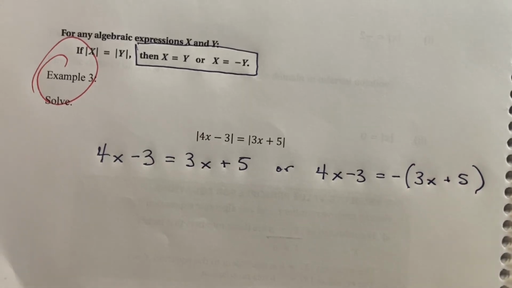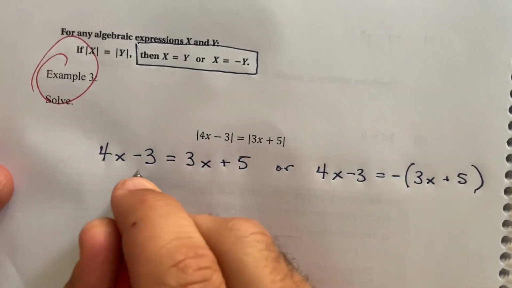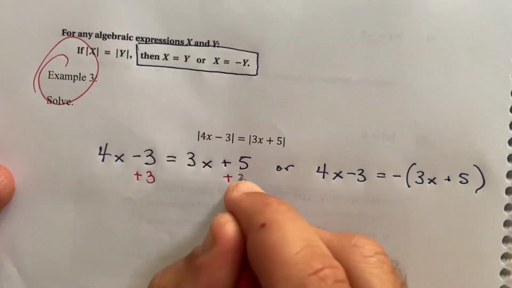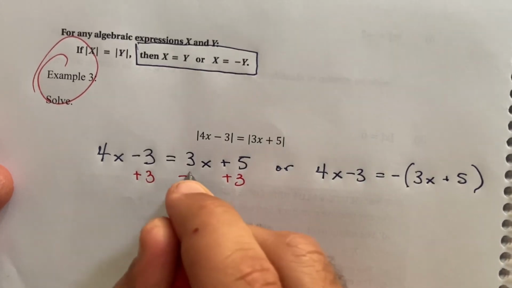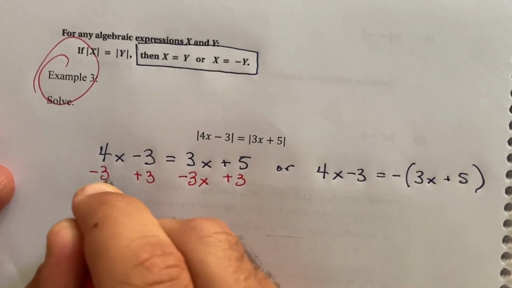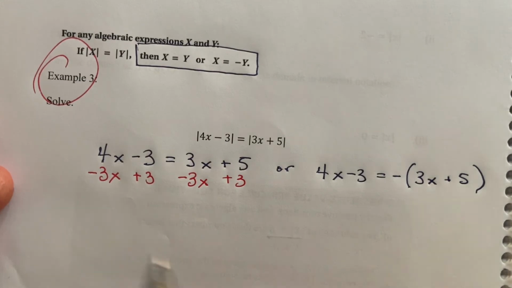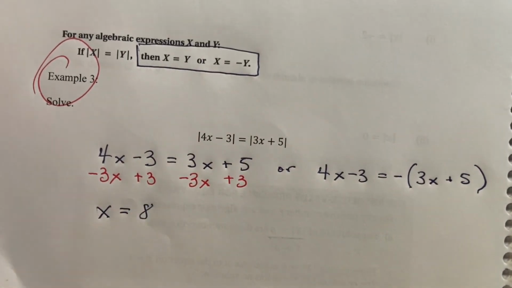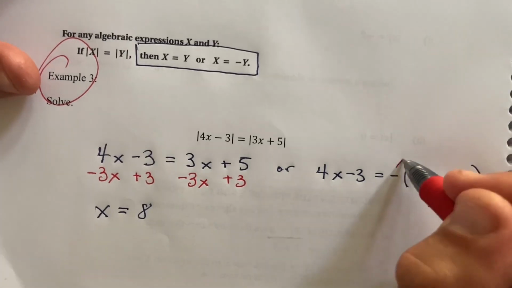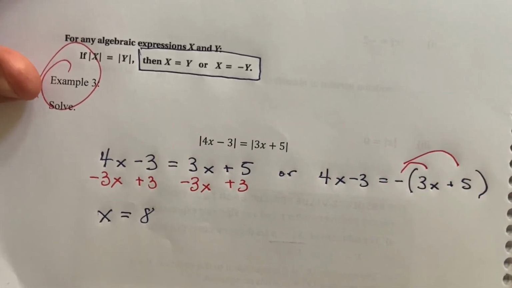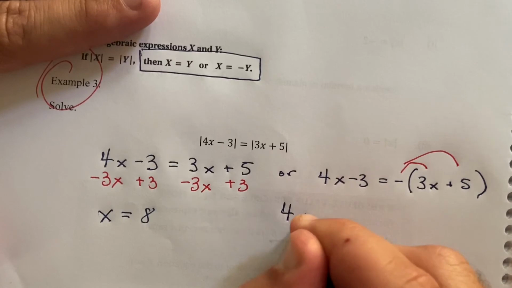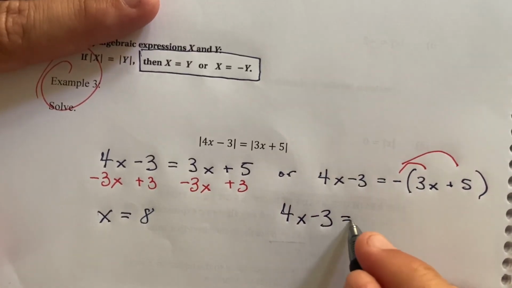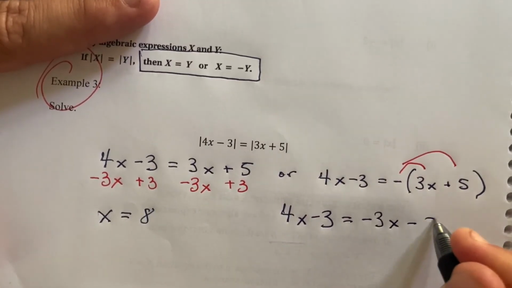So I'll solve both of these. Add 3, and maybe I'll subtract 3x here simultaneously. So x would equal 8 on that side. Over here, I'm distributing this negative, so I'll have 4x minus 3 equals negative 3x minus 5.